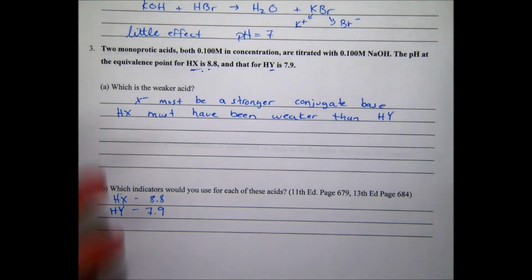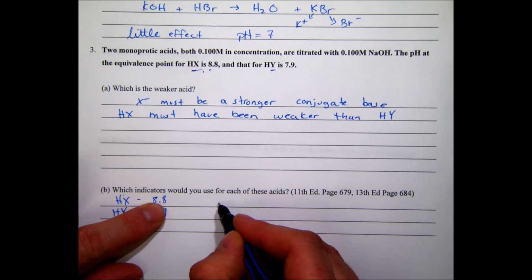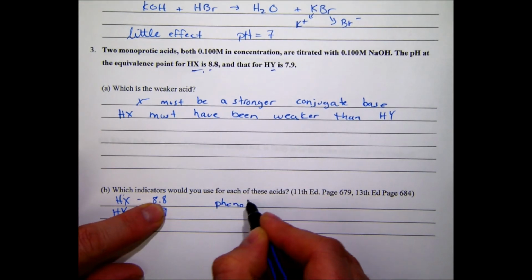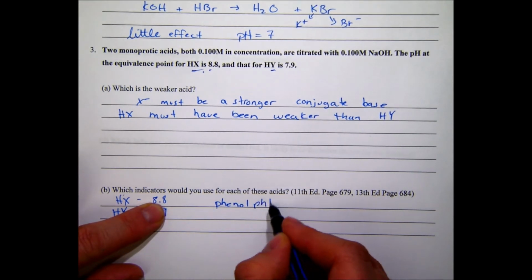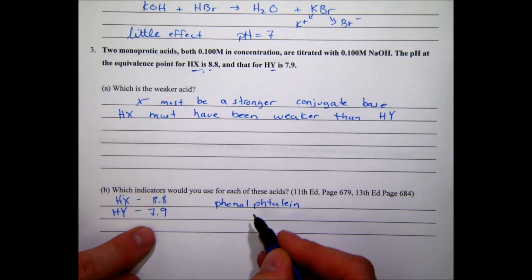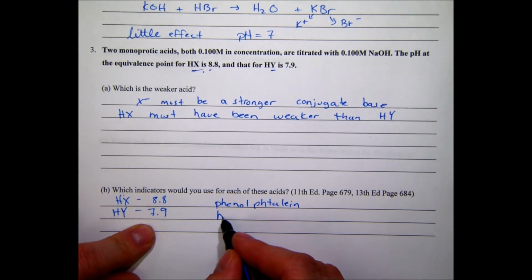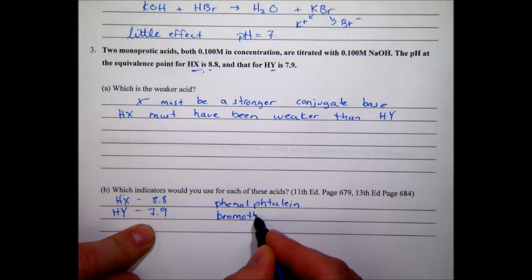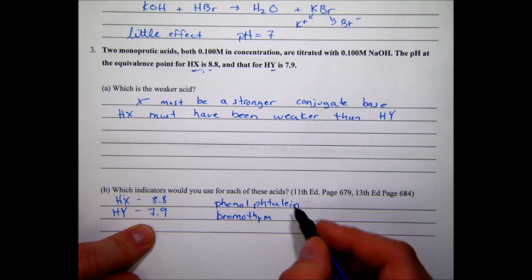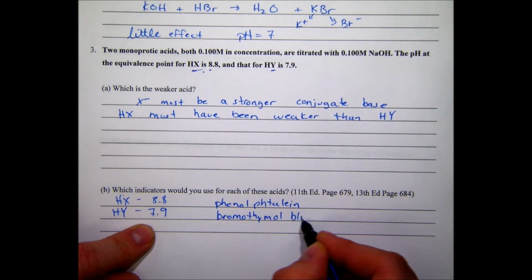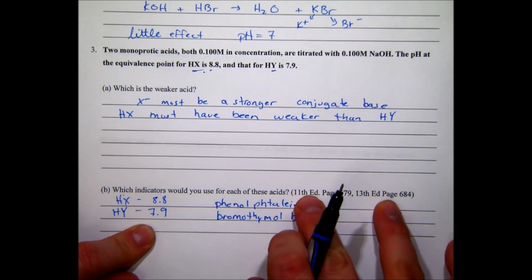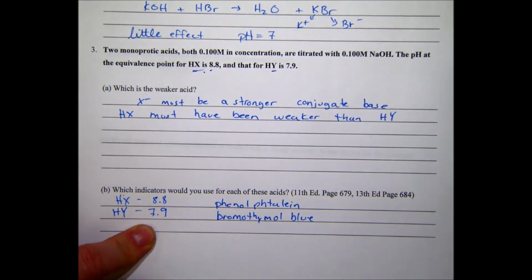So since HX changes at 8.8, we will use phenolphthalein. And at 7.9, the best choice on that list is bromothymol blue. And you can find this chart, depending on which textbook you're using, on those pages there.